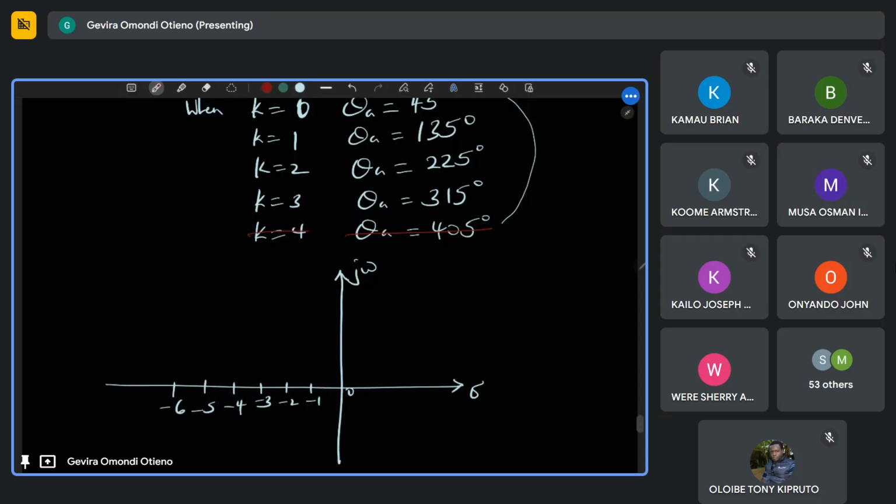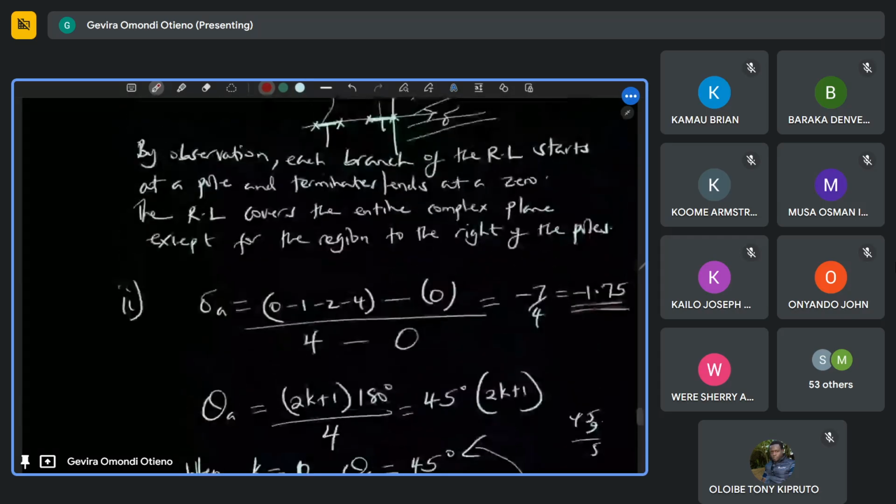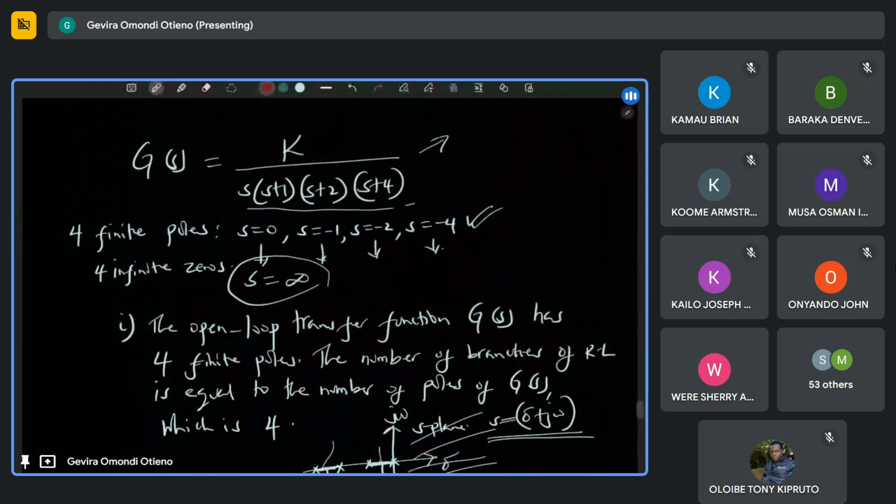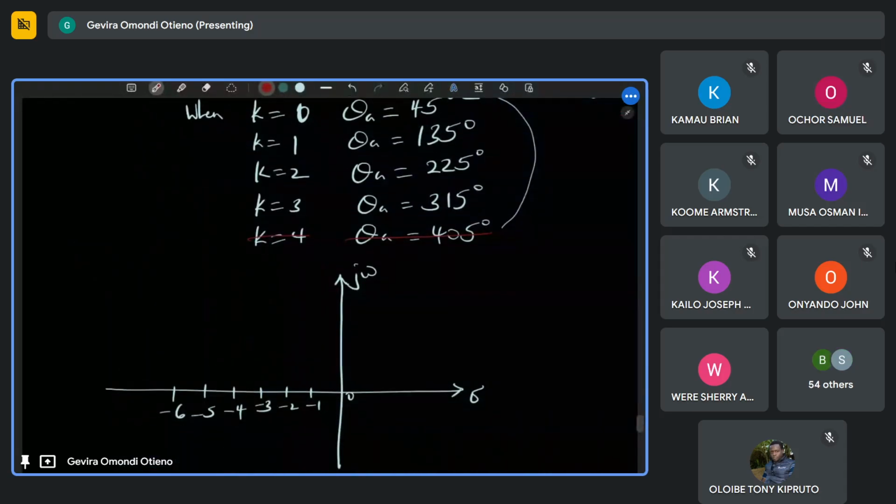So we have poles at 0, 1, 2, and 4. So for the real axis segment, we know that a root locus exists between these two poles. And this is number 2, this is number 3. So there's a root locus also between these two.